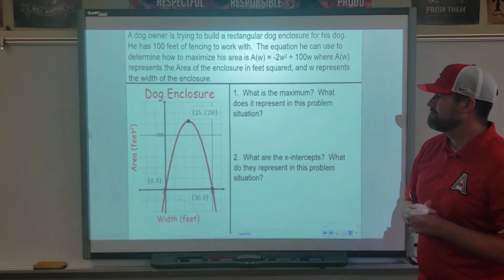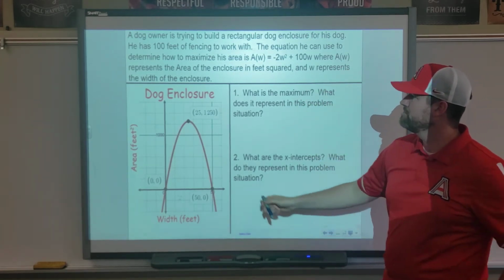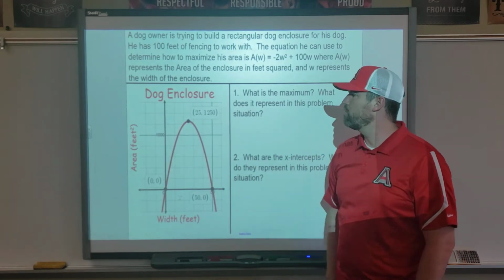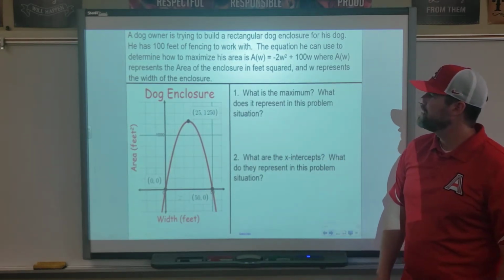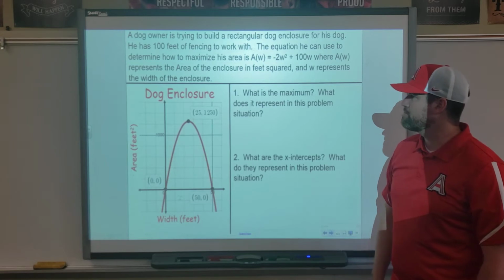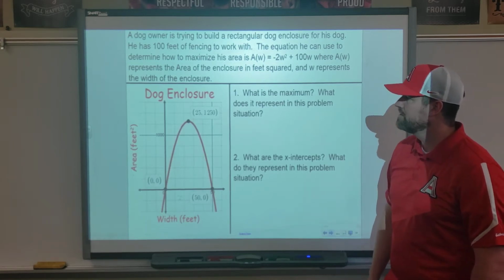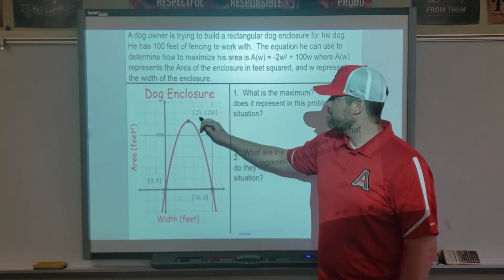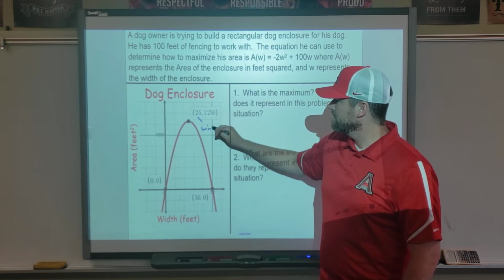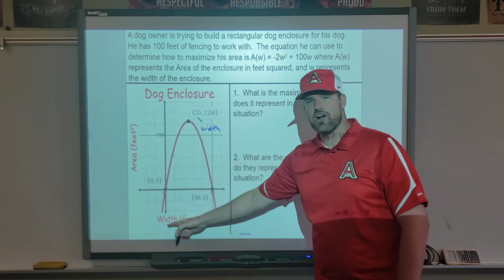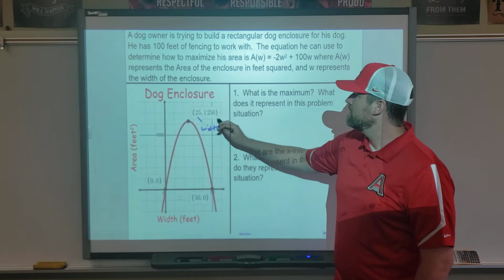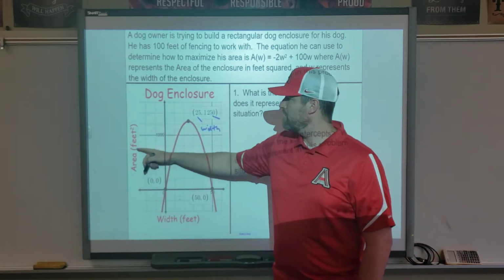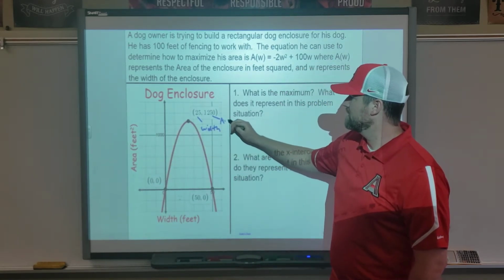What is the maximum? So the maximum for this problem is 25, 1,250. And the important question is, what does this represent in the problem situation? Well, we know that x represents the width, right? Because we can read our graph, the x is width. And the y is representing our area in feet squared.